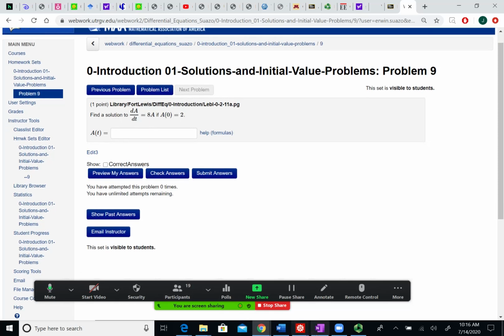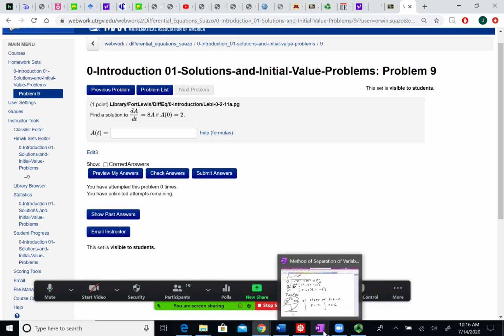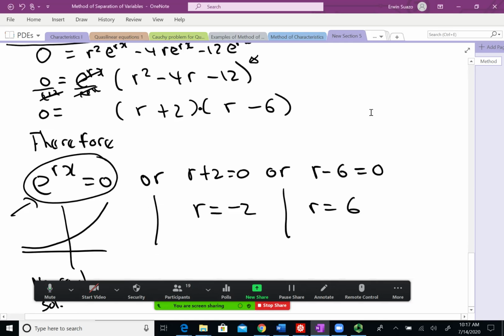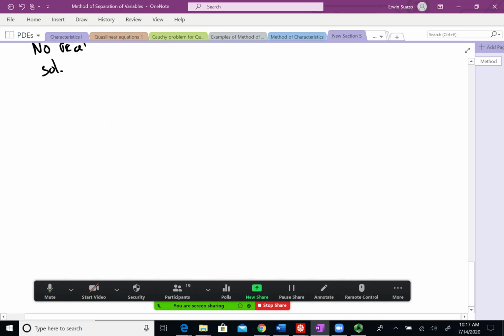So I'm going to write it down here in my notes. dA/dt equals kA, A(0) equals 2. Okay, so let's go solve it here. So this is a new section, basically separation of variables.